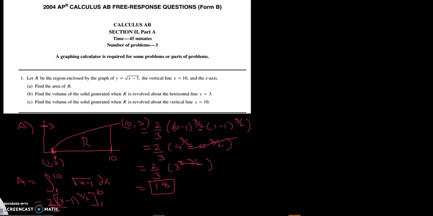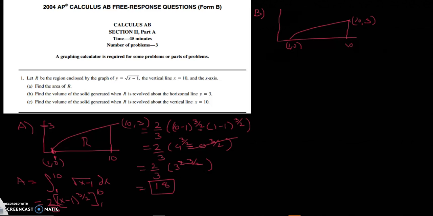So part B. It says find the volume of the solid when R is revolved around the horizontal line y equals 3. Okay, so I'm just redrawing this so we have a sketch. This is (1, 0), and this is (10, 3).